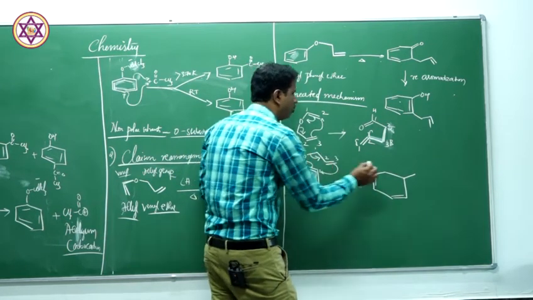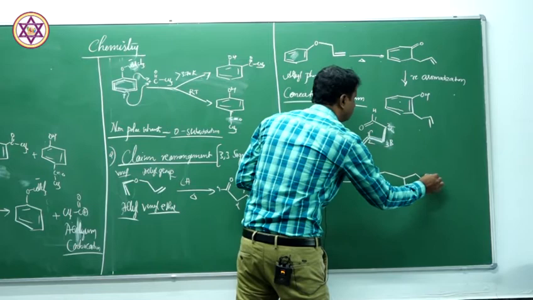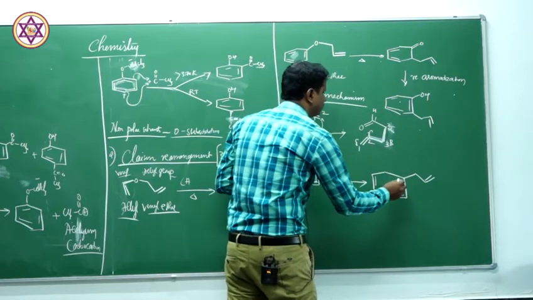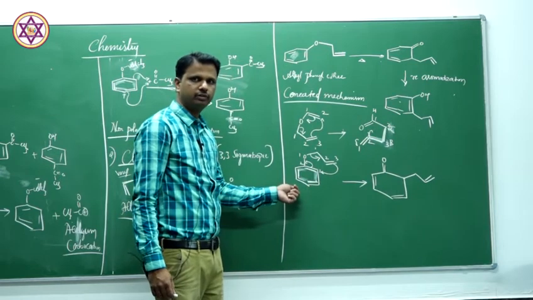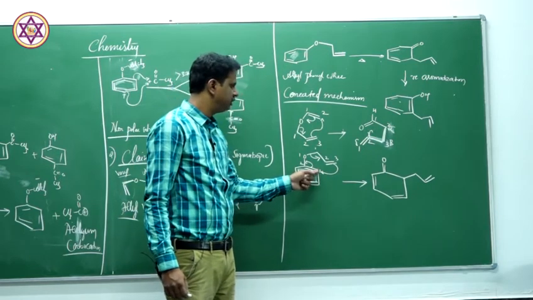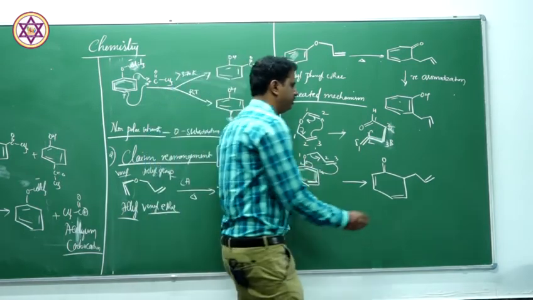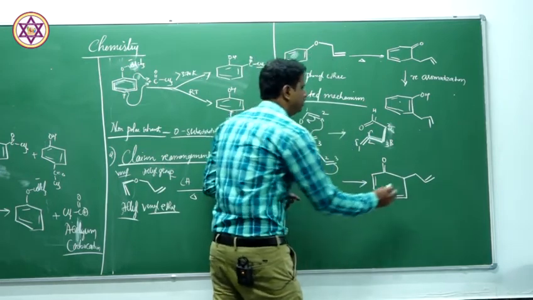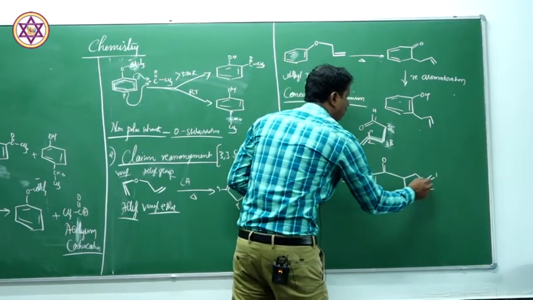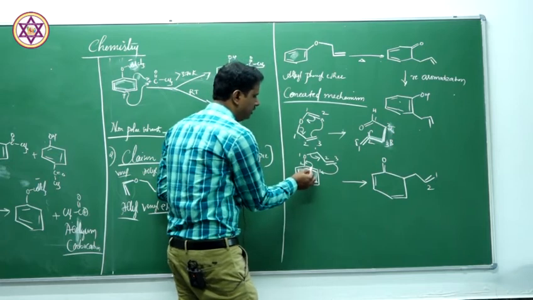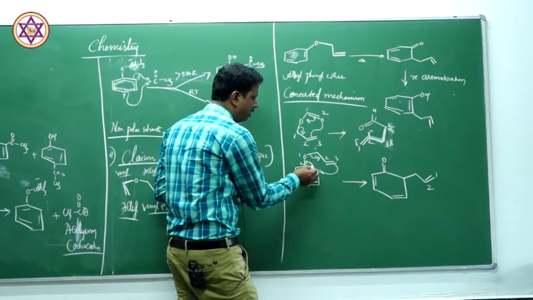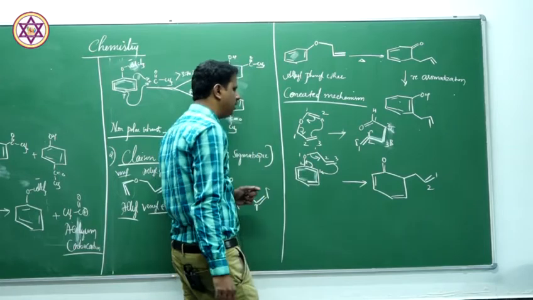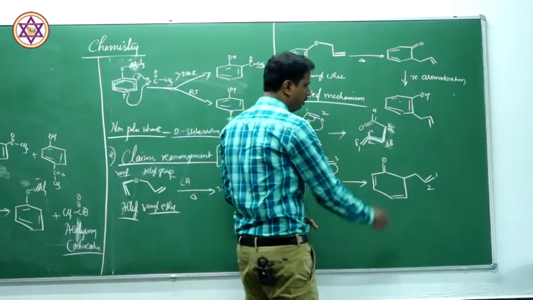There is a pi bond between 1 and 2. This is what you are going to get. Okay, 3 and 3 sigma, 1 and 2 pi here. And this double bond of the aromatic ring is actually migrating towards this oxygen and carbon here. So you got this compound.